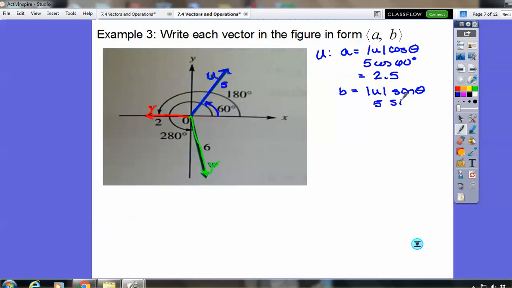So 5 times the sine of 60. Let's keep it exact. Sine of 60 is radical 3 over 2, times 5 would be 5 radical 3 over 2. So vector u is 2.5 or 5/2, 5 radical 3 over 2.